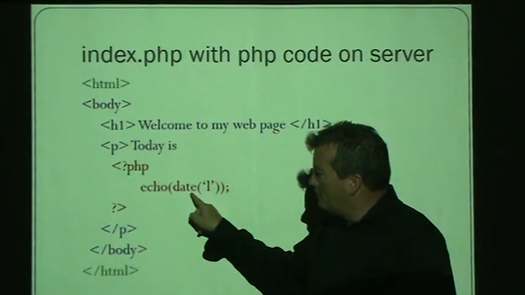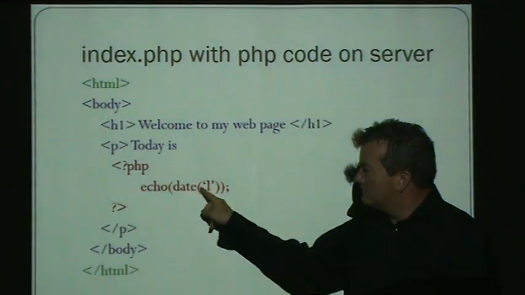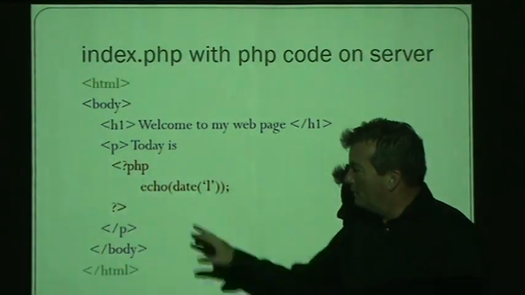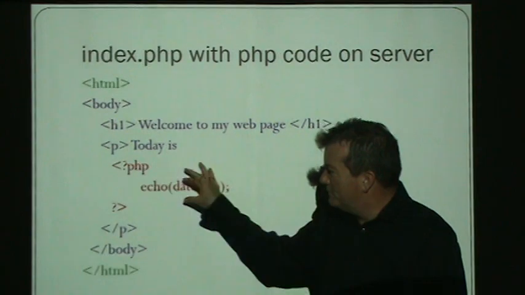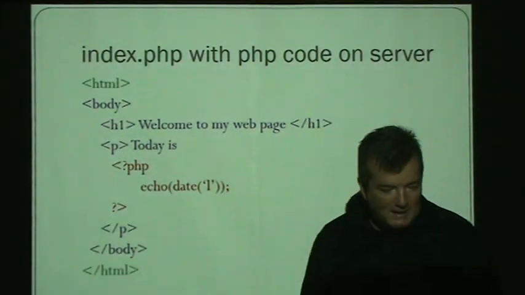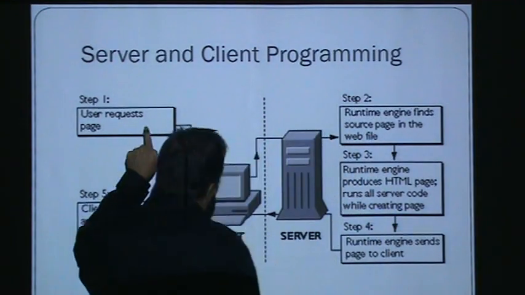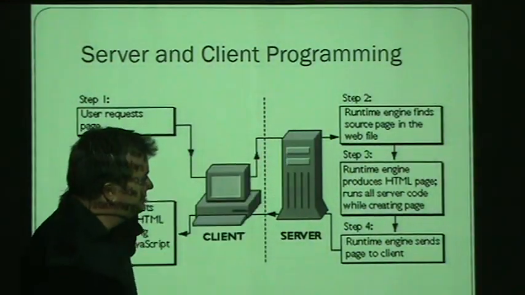So this is code that's asking the server, which has a clock on it, what is today's day of the week? And whatever that echo means, print out the result. So the result would get printed right here. That computation would be done on the server. Right? You send a message to Amazon.